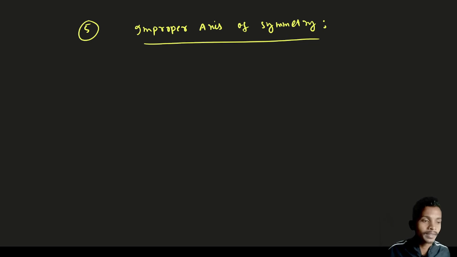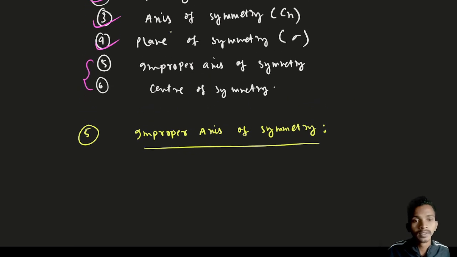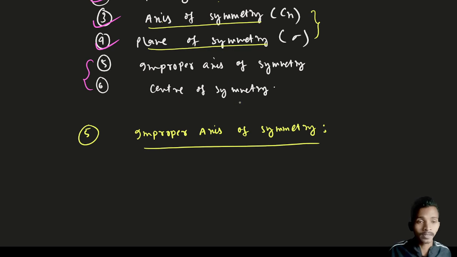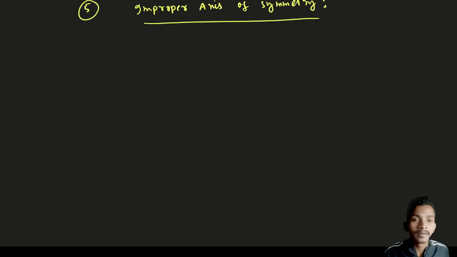We have already discussed the axis of symmetry and the plane of symmetry, and when you combine these two symmetry elements, we get the improper axis of symmetry. How does it look? Let's say I define the improper axis of symmetry.